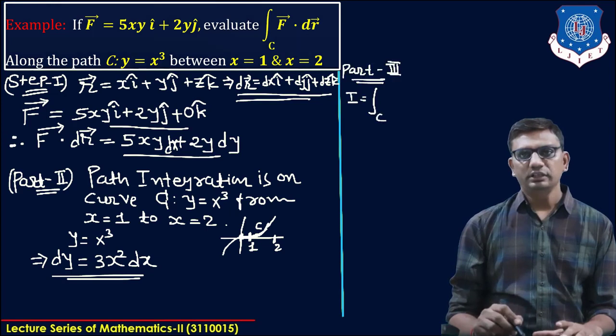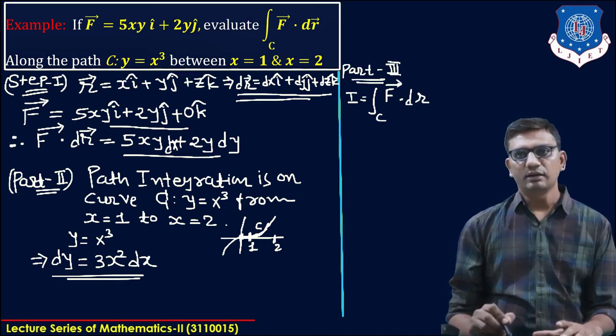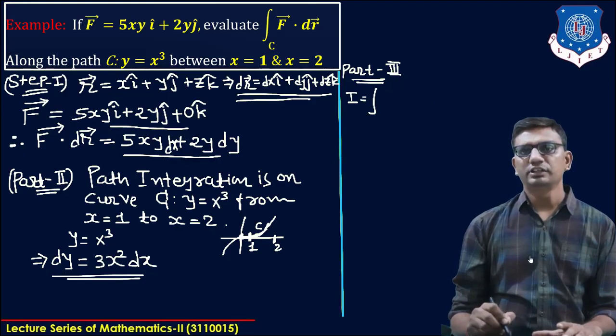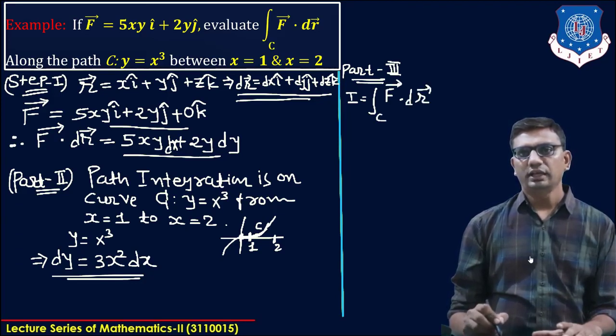Now part number 3. In part number 3 we evaluate the line integral over C of f bar dot dr bar, and it is converted into the one variable x. So we can write the integration from 1 to 2, which is the limit of x, because we convert our integration into one variable x using the curve y equal to x cube.